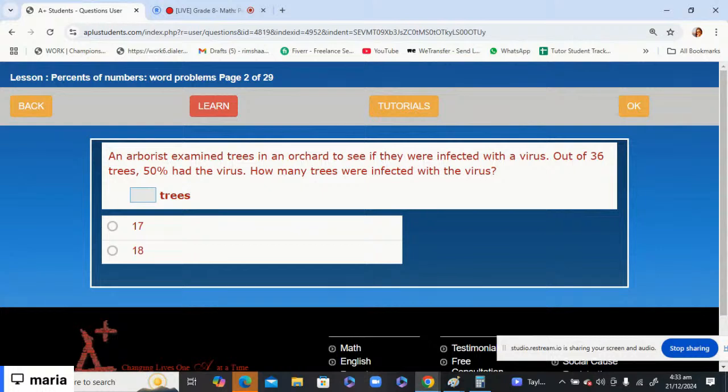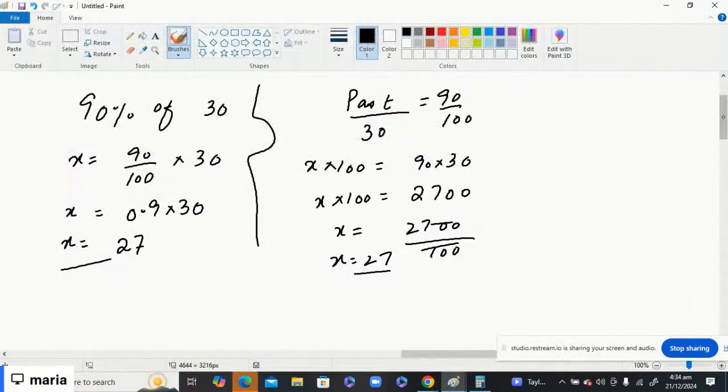Then just simply cross multiply and then in the end combine it. So what's the answer? You get it? Let's do it. 50% of 36.